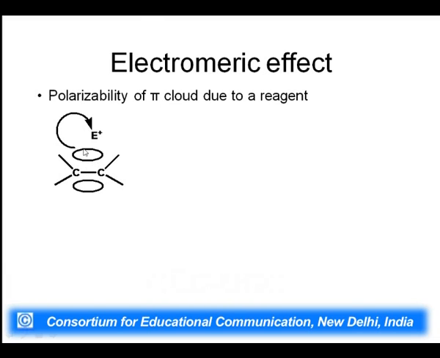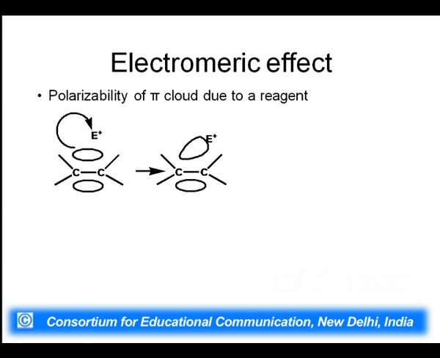When it is present as such in an alkene, it is stable enough and shared equally by the two carbons. But as soon as a positively charged species, which we call an electrophile, comes towards an alkene, this pi cloud is polarized.